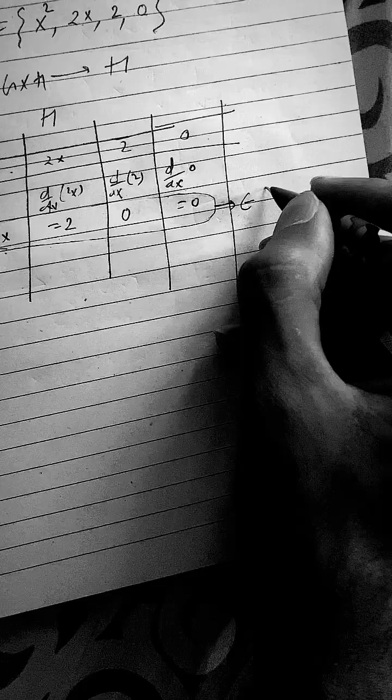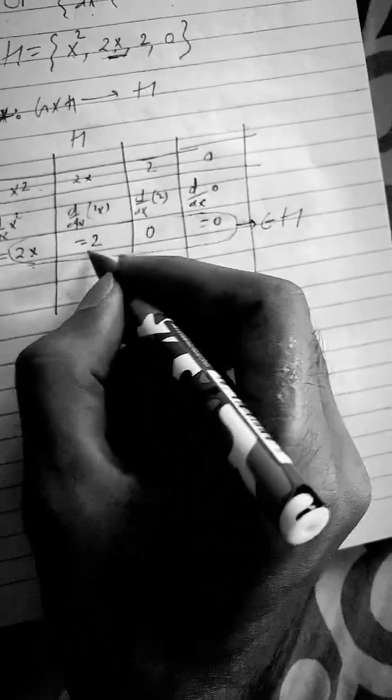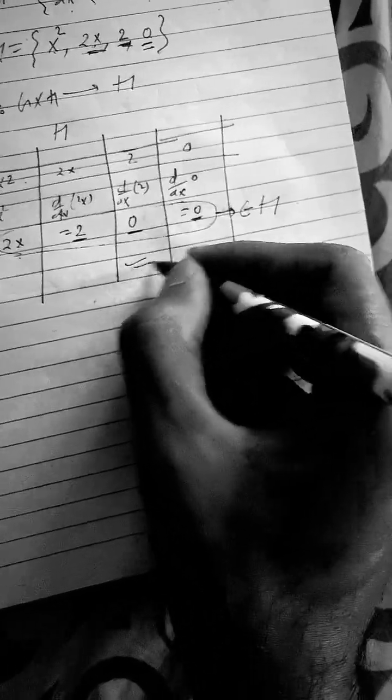All of these belong to our set H. We can see it: 2x is in the set here, 2 here, 0 here, 0 here. So it satisfies the closure property, right?